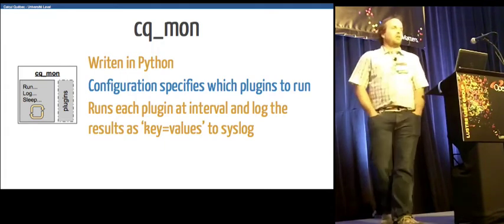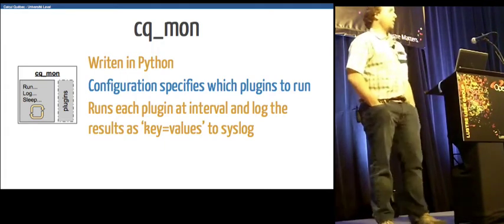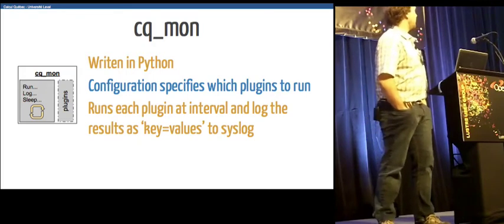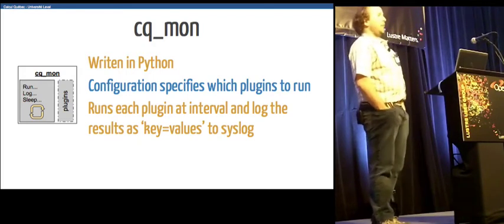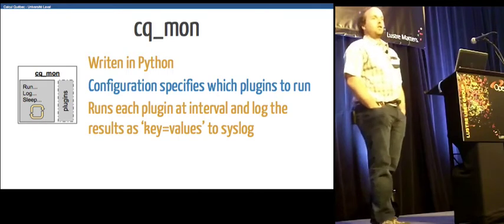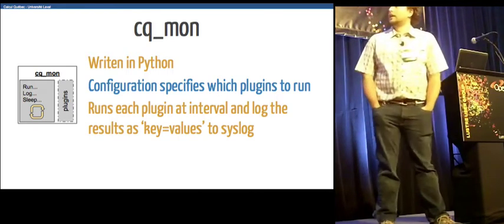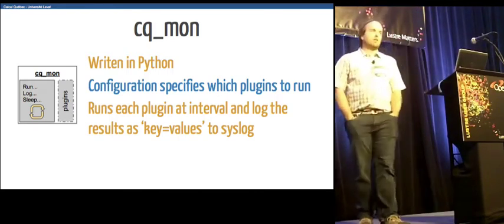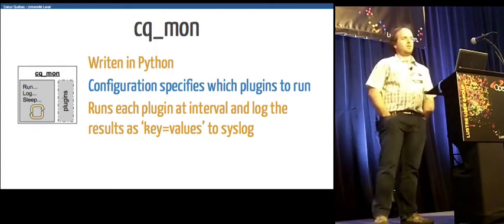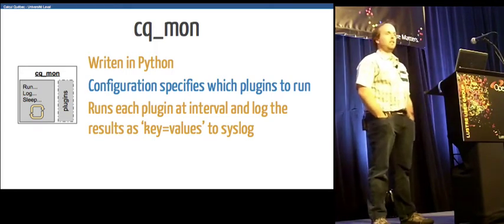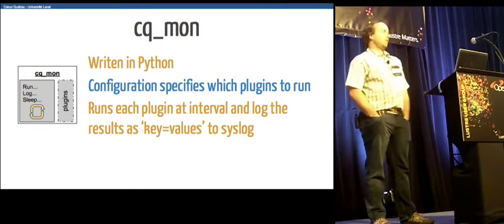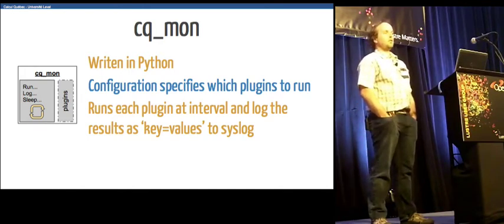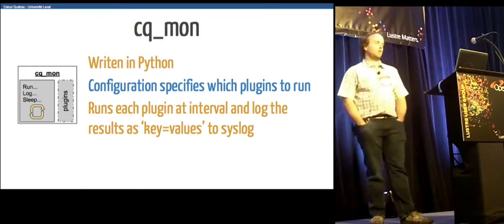So what we did in the end is we wrote a pretty simple application. We called it CQMon. It's just a basic daemon that we run on each of the nodes, and it just iterates. Basically, in time, it runs a set of plugins that use, when possible, existing libraries to gather the information on each of the nodes.